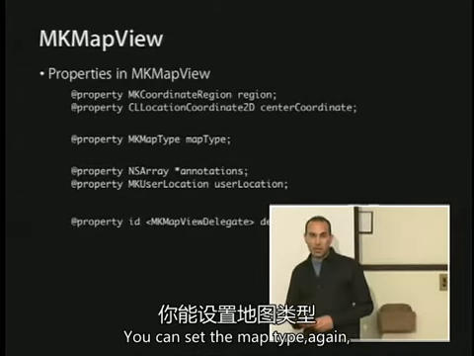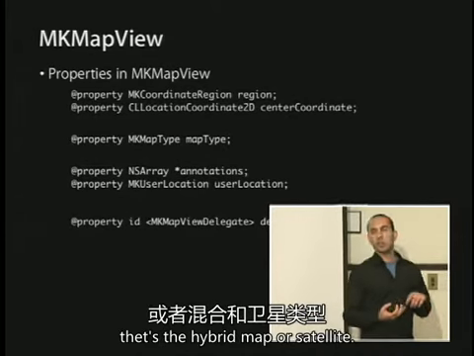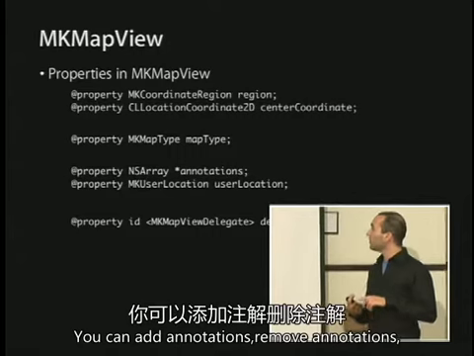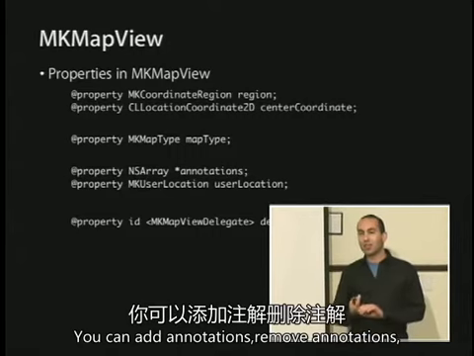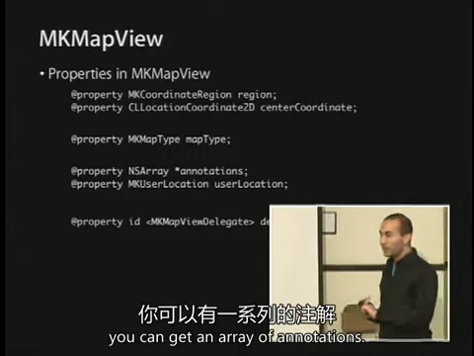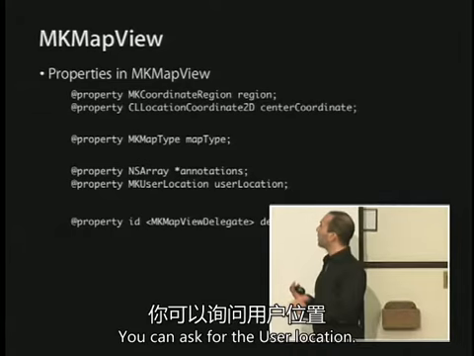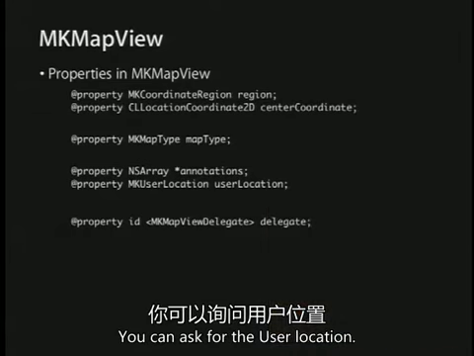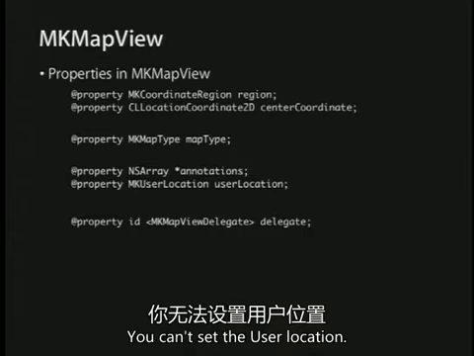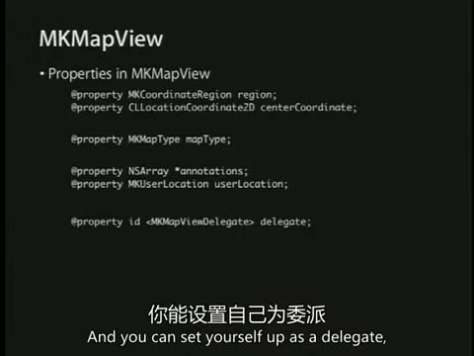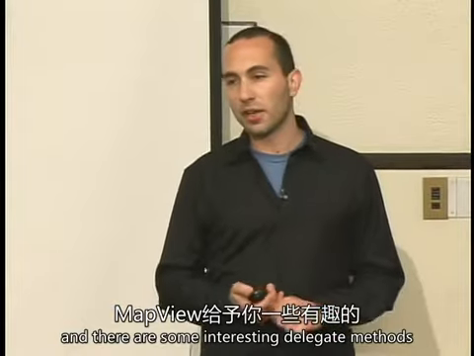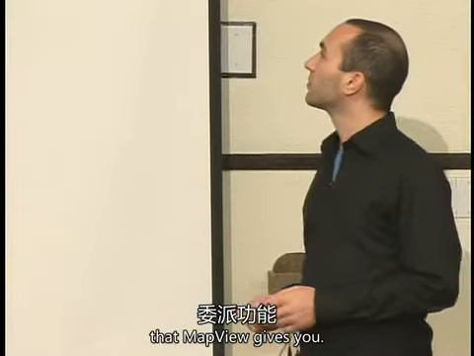You can set the map type. Again, that's the hybrid map or satellite. You can add annotations, remove annotations. You can get an array of annotations, and we'll look at what those are in a minute. You can ask for the user location. You can't set the user location. And you can set yourself up as a delegate, and there are some interesting delegate methods that MapView gives you.